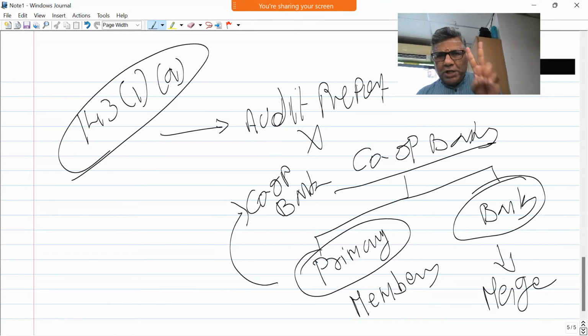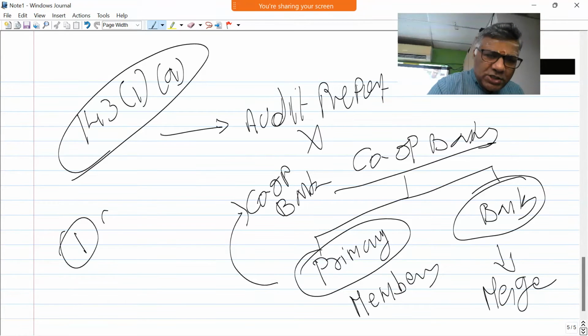to two things. Business reorganization means a change in the constitution, a change in the format of working. The majority of the amendments we have seen pertain to two things.